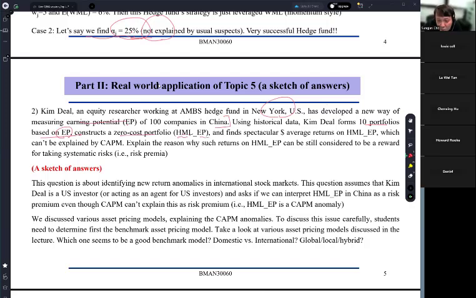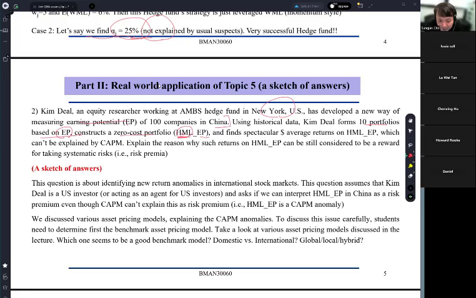So this actually was a final exam question I gave like 3 or 4 years ago. Some students just found this terminology here, HML, and interpreted it as the high minus low value factor. But this might not be related to the value factor, it could be a little bit different. So whenever you see HML, it doesn't necessarily mean it's a value factor.